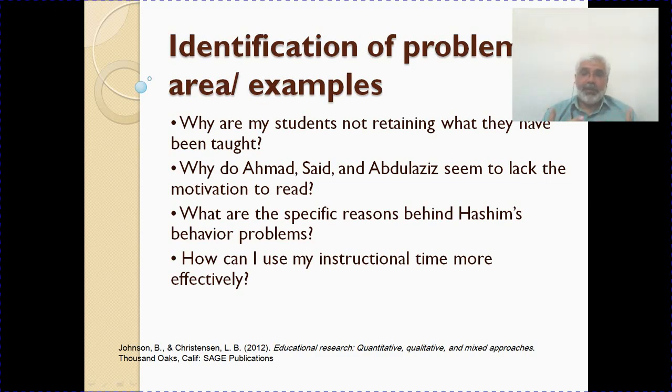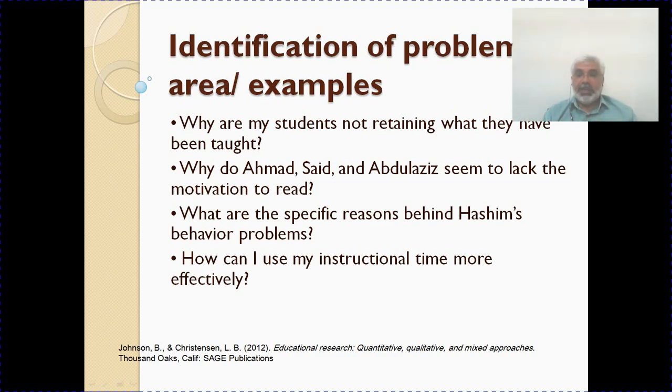He has a problem in behavior. Why? And it could be new. Usually, Hashim is a very good student, but in the last weeks, Hashim has misbehaved frequently. I would like to know why.